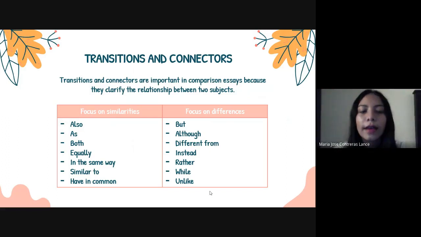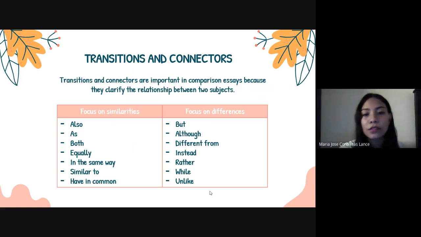Okay, guys. Now let's talk about transitions and connectors. Transitions and connectors are important in a comparison essay because they clarify the relationship between the two subjects or two topics that we are talking about.